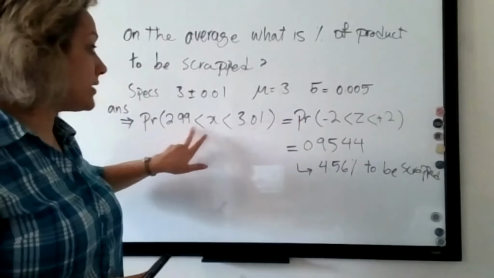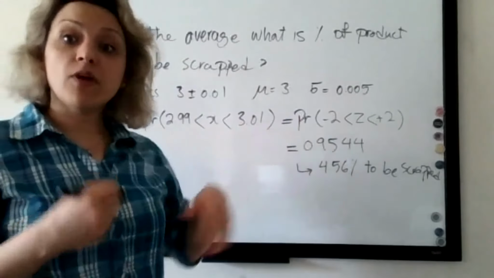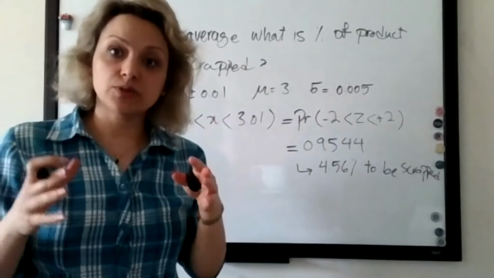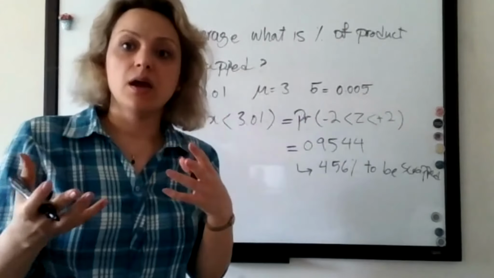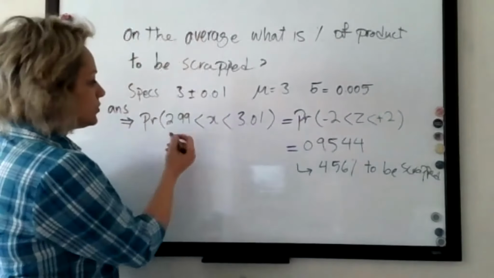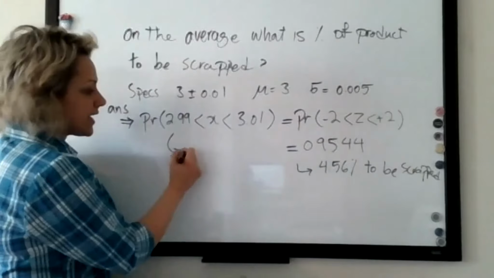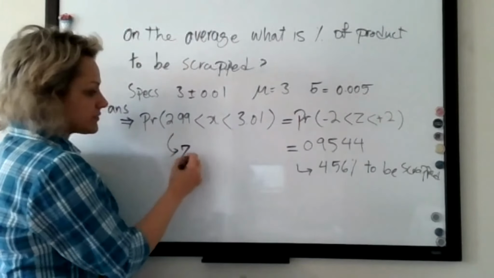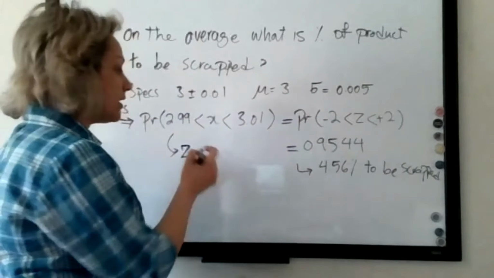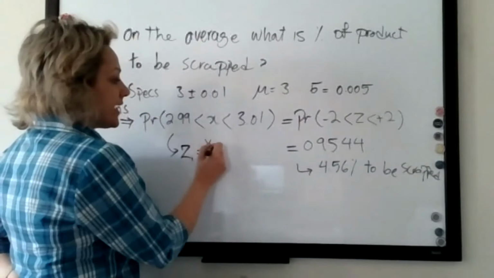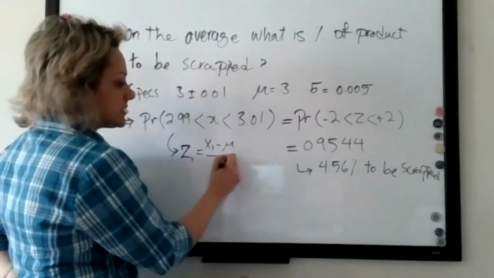So this 2.99 and 3.01, we want to convert to the z value. So what we are going to do is like that. Here we would say z for this one, I'm going to call it z1, for example. It's equal to x1 minus mu divided by sigma.